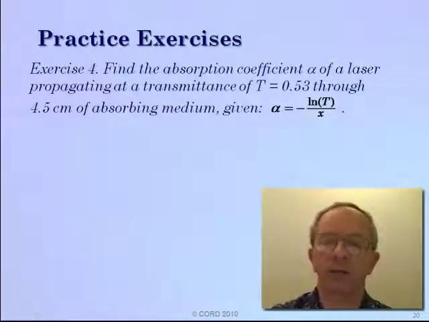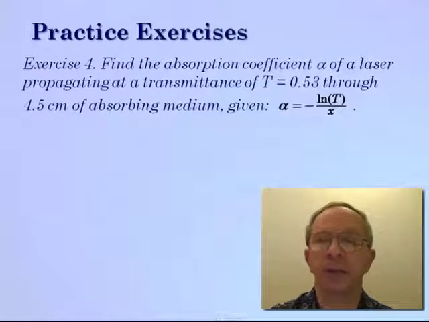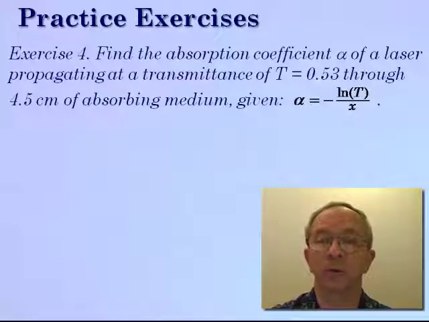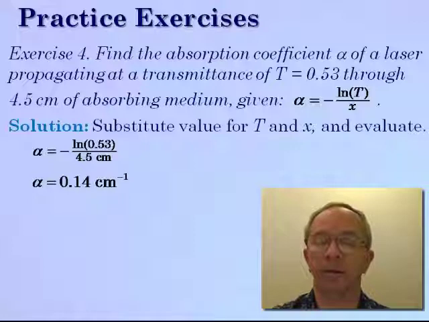Exercise 4 asks you to find the absorption coefficient of a laser that propagates with a transmittance of T equal to 0.53 through 4.5 centimeters of absorbing medium. Using this formula, alpha is equal to negative natural log of T divided by x. So we'll substitute the values of T and x and evaluate our expression for alpha.